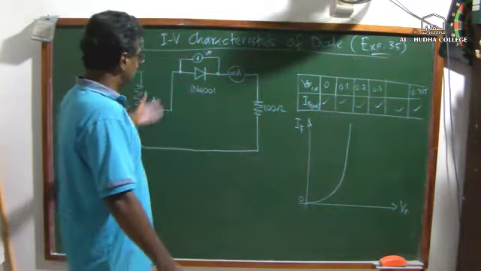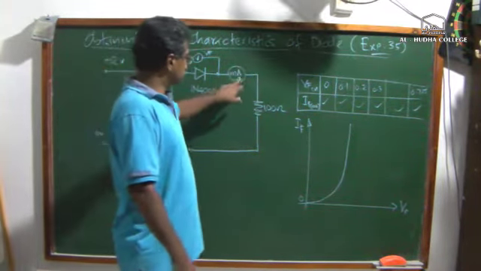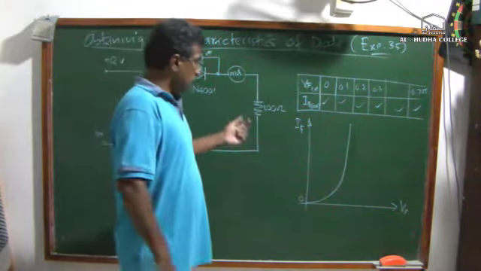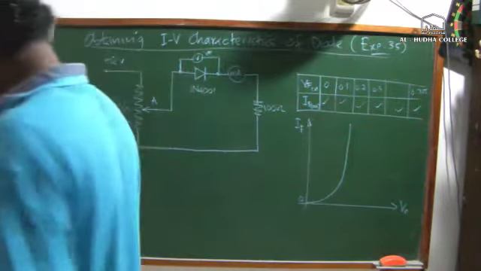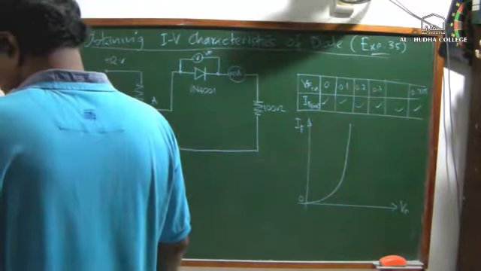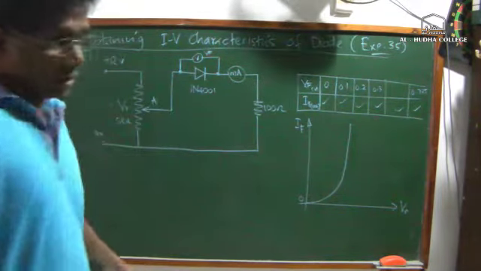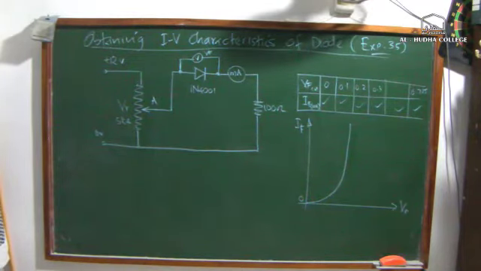But the thing is, the available devices are not sensitive enough, because it should be microamps, right? Sensitive enough to do it in the lab. So that is why they are asking you to take only the forward bias conditions. So take a copy and read the description given in the practical book.